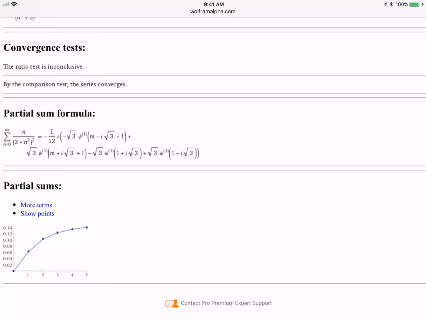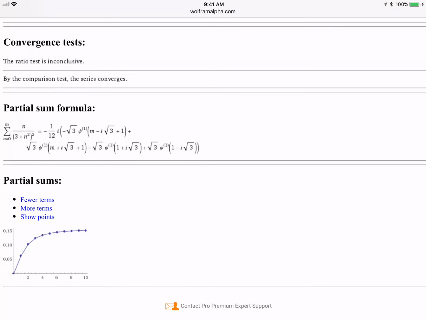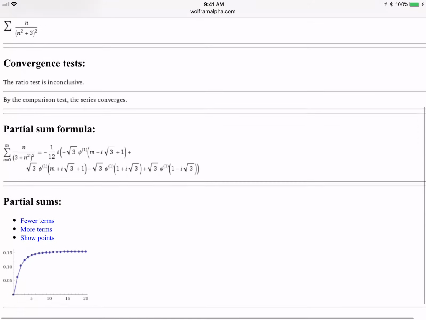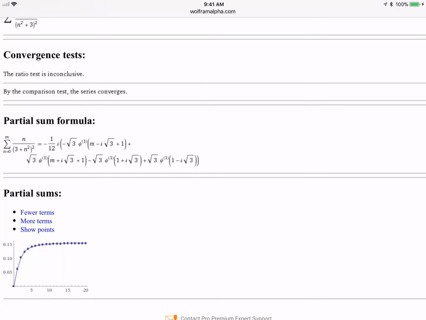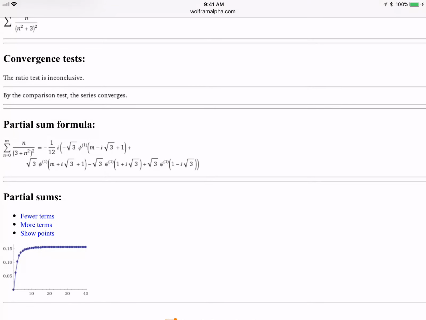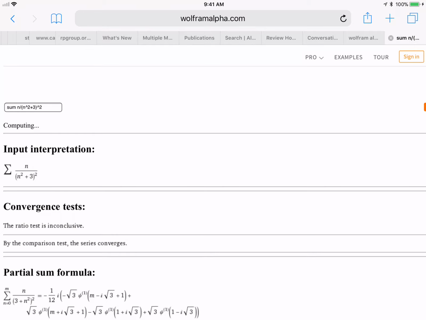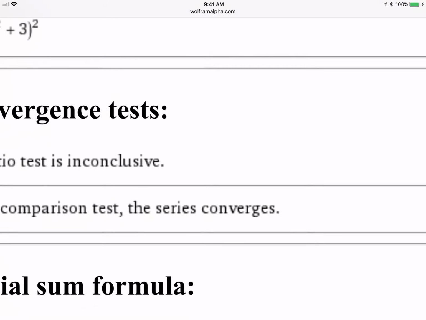I could say, show more terms. Show even more terms. You can see that our partial sums truly are tending towards some number that's a little bit above 0.15. So by the comparison test, the series converges.